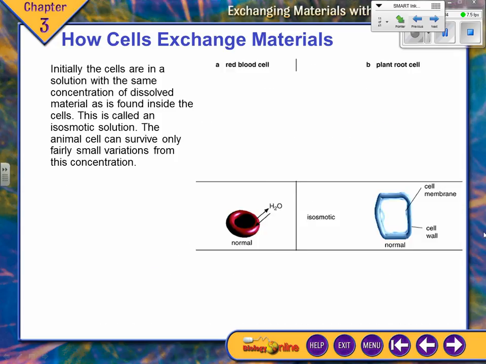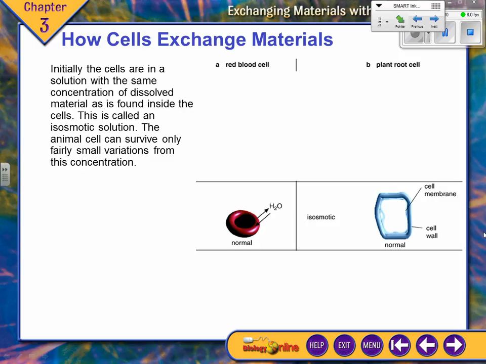Okay, so now, really focus. Here's the example. In this one right here, you could see the iso. I want you guys to realize that these cells are in an isotonic solution. Write it down. Isotonic solution. I-S-O and tonic, T-O-N-I-C. That means there is no concentration gradient.